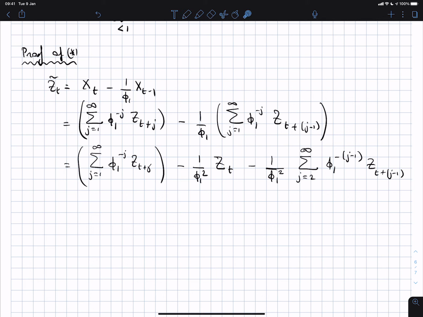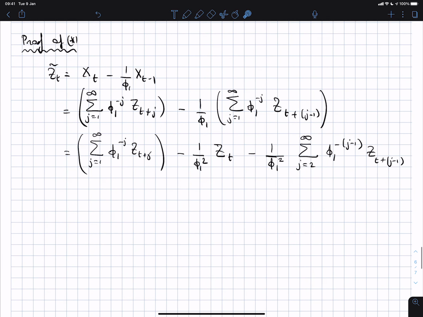Let's just quickly check. If j is equal to 1, I have Zt phi 1, so this is correct. And then if we go for j going from 2 to infinity, that's correct, and I have a phi 1 to the power 1. Yeah, so this seems correct.